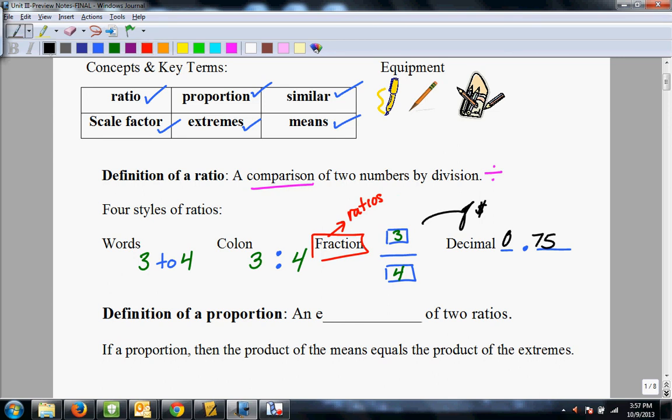Definition of a proportion. A proportion is an equation of ratios. So a fraction can be a ratio, and that by itself is a ratio. But if I do this, that is a proportion.